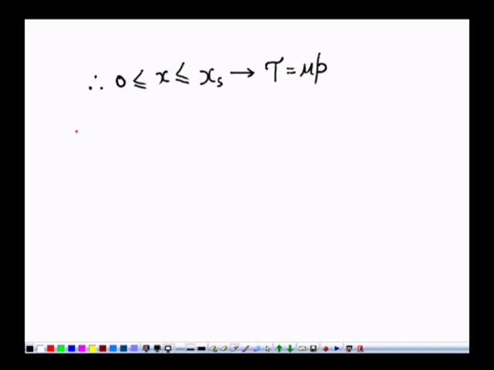For the other zone, xs less than or equal to our variable x less than or equal to the length L, here we have to take the stress equal to our shear yield stress.